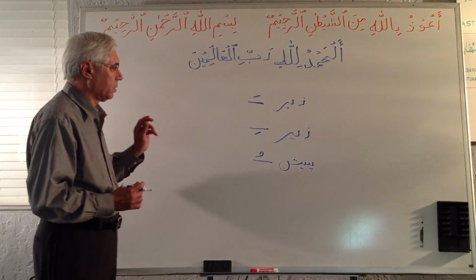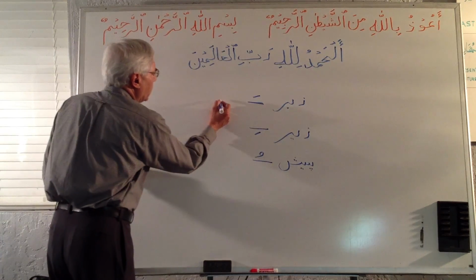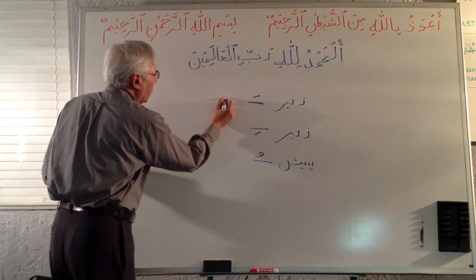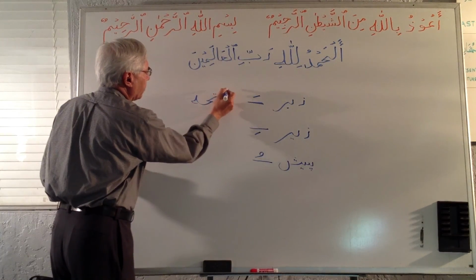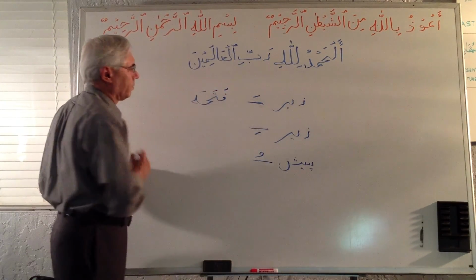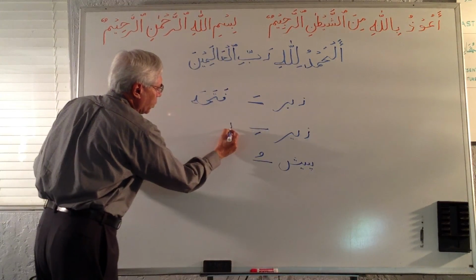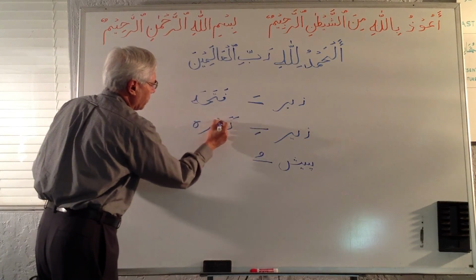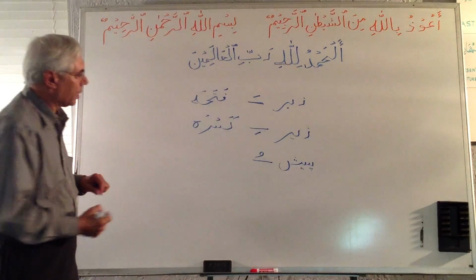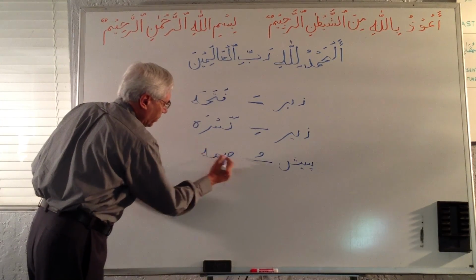In Arabic, we will not be using zair, zabar, pesh, we will be using the word Fatha for zabar, as in Al-Fatiha. For zair, we will be using the word Kasra. And for pesh, we will be using the word Dhamma.